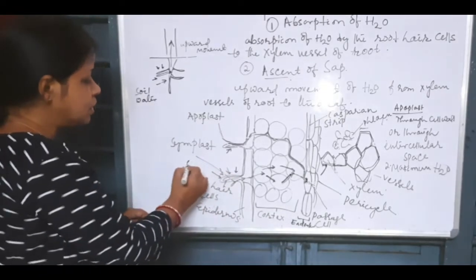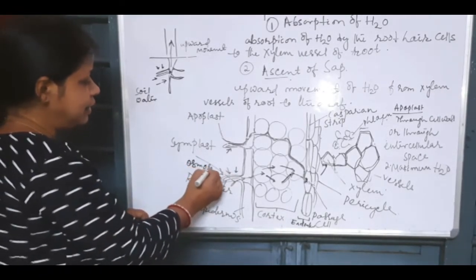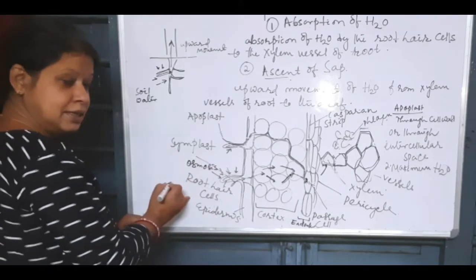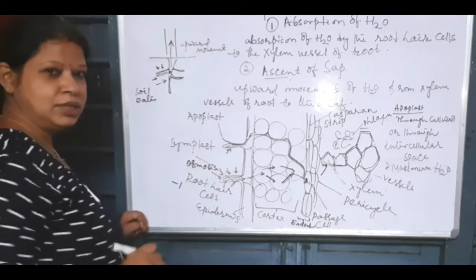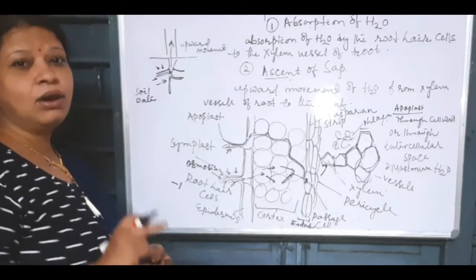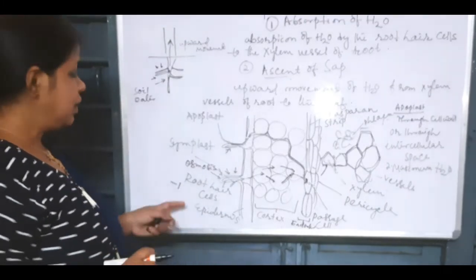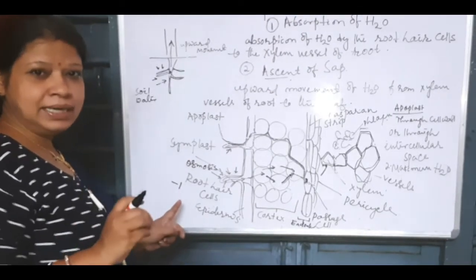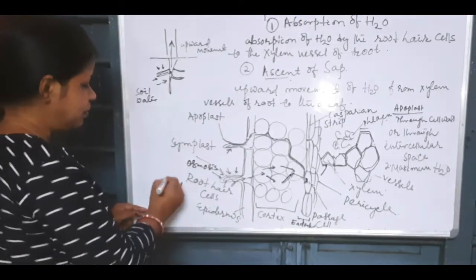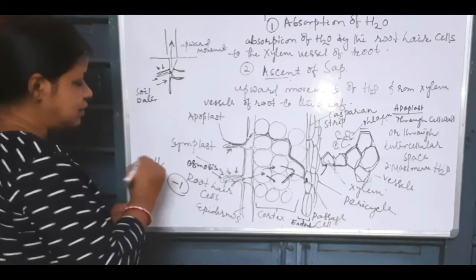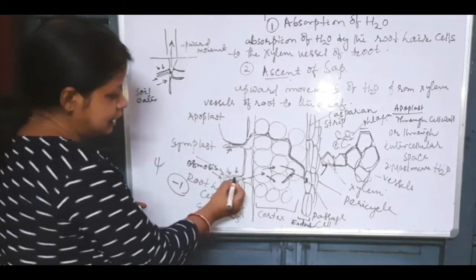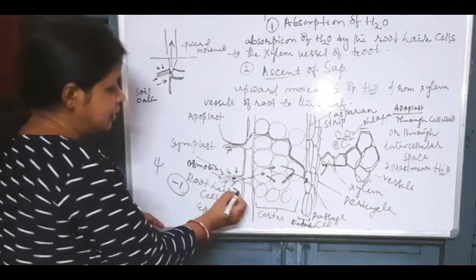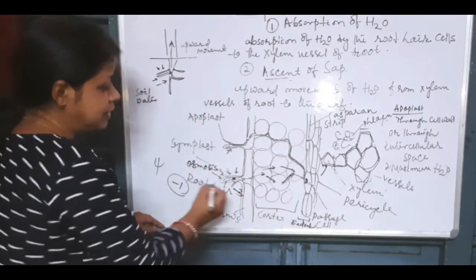due to osmosis. If the water potential of soil water is -1, we know that the water potential of pure water is 0. Soil water also has some minerals. If the water potential is -1, then inside the cell sap of the root hair cell it is -2 or -3.